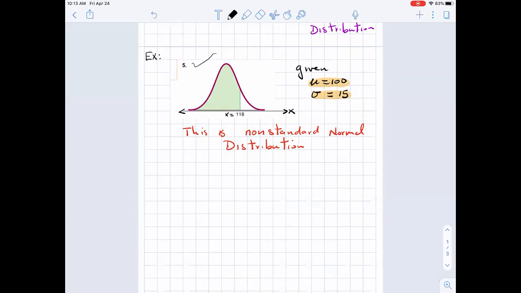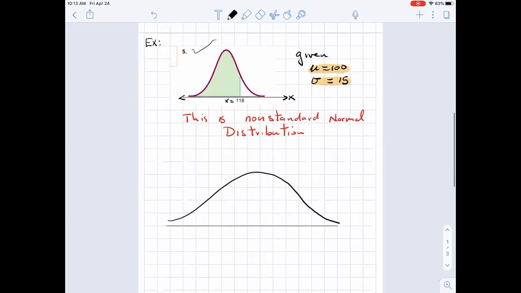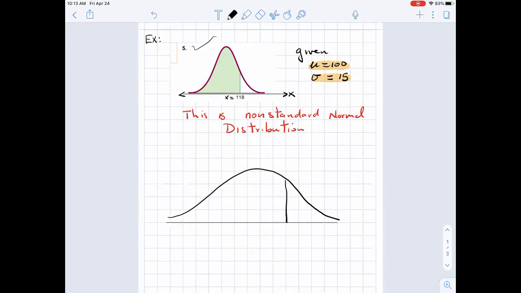We want to find out what this X value equals in reference to a Z value, because when we draw back this diagram, we cannot write here that X is equal to 18. We cannot write X equal, because this line here is the Z-axis. What we need to write is Z equals.